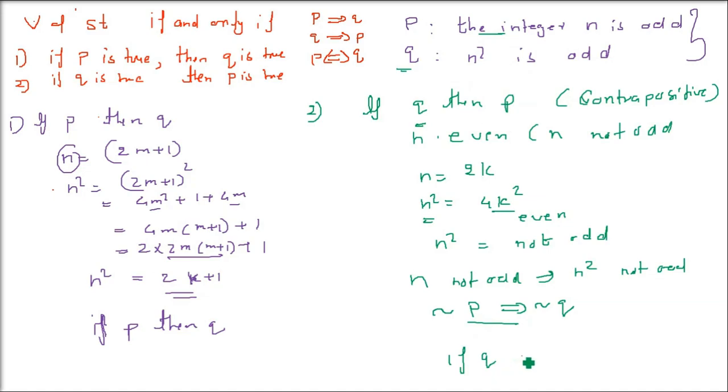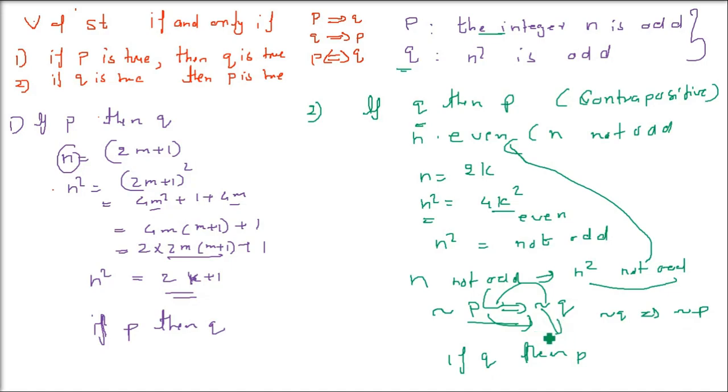Or, if n is odd, n square is odd. So we have used the contrapositive method. We deduced: not P implies not Q, which means Q implies P. As I said, this exactly means if Q then P. If P then Q, if Q then P, both we have proved.